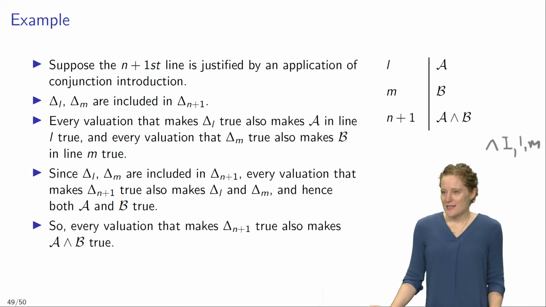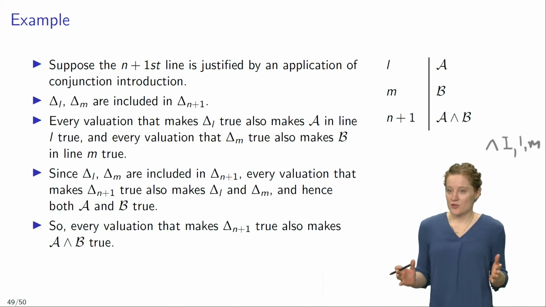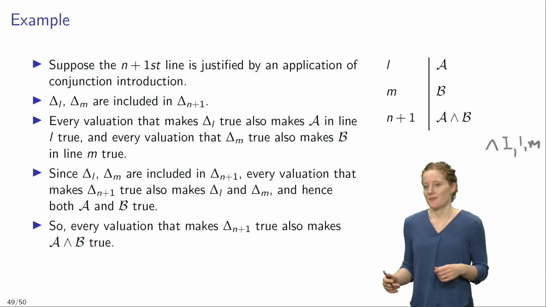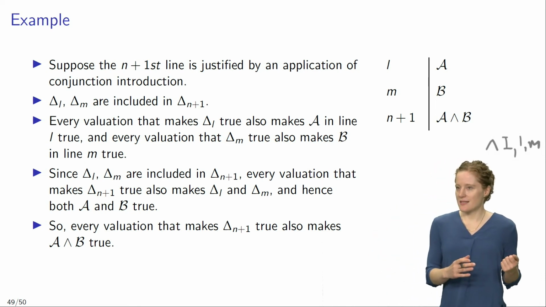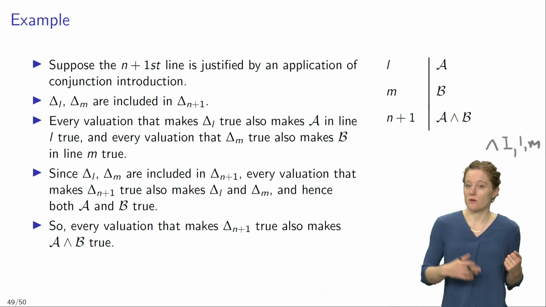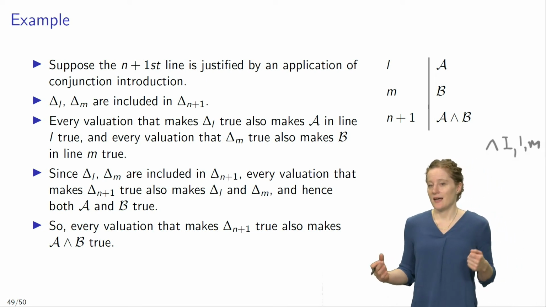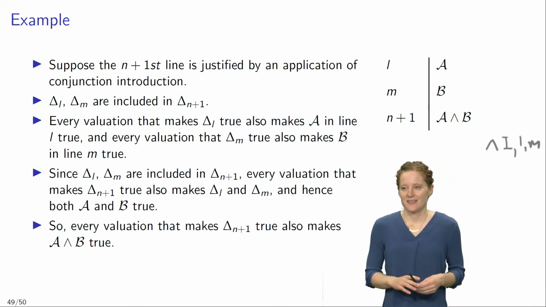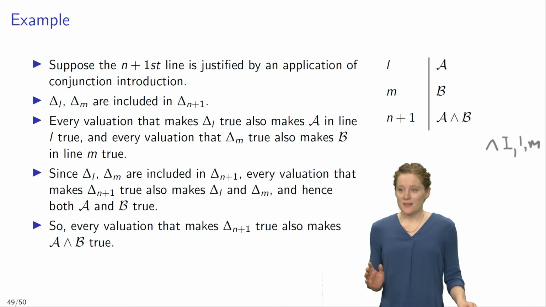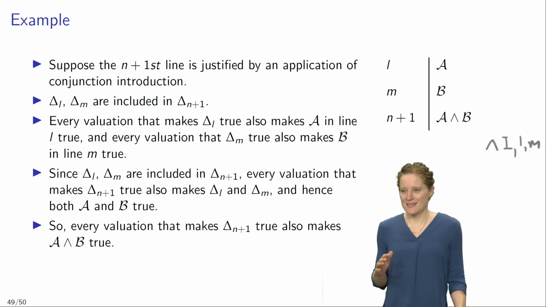But then it follows by the characteristic truth table for conjunctions that every valuation that makes all sentences in delta n plus 1 true also makes the conjunction A and B true. Okay, so that completes one step in the soundness proof.